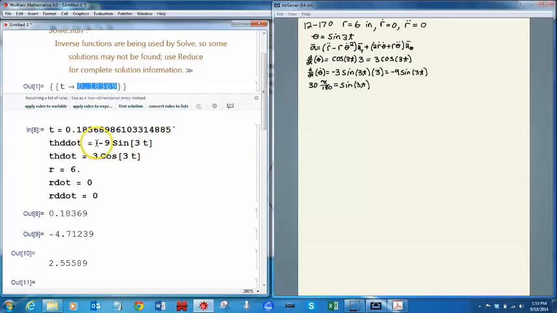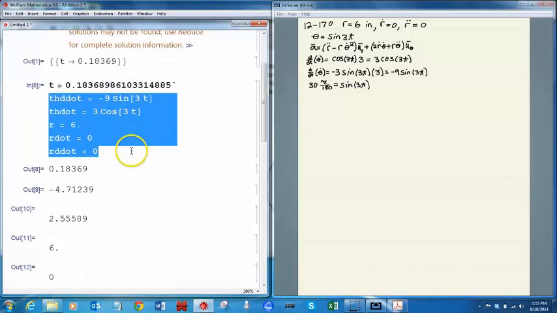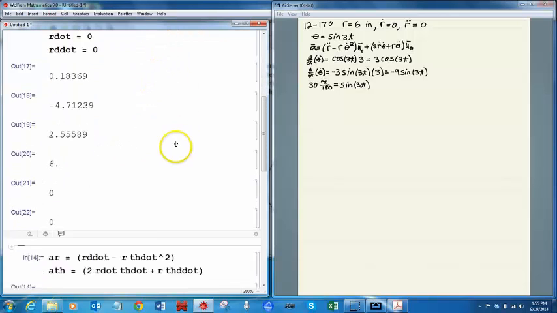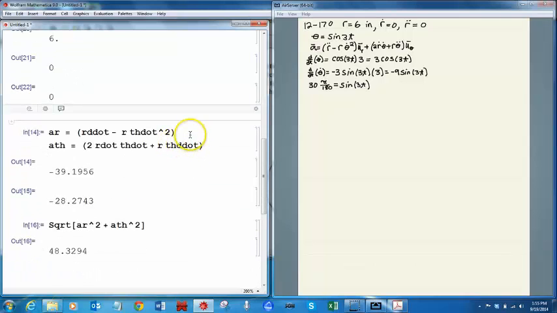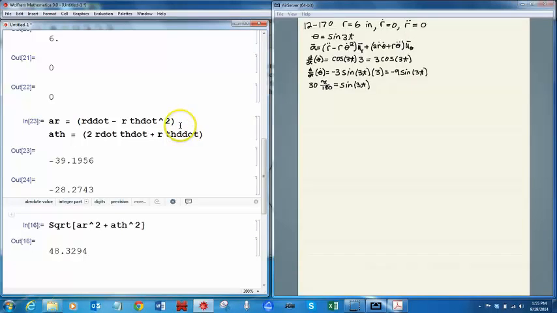Then all I did was type in the values for theta dot, theta double dot, r, and r double dot, and execute it. Here are my equations for the accelerations in the radial and theta directions. It's going to take those values from above and just punch them in.